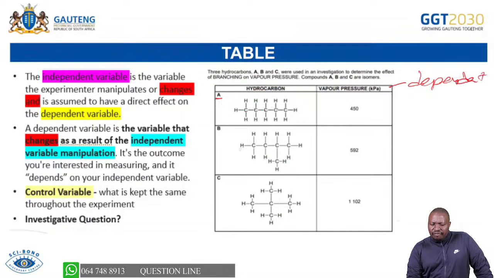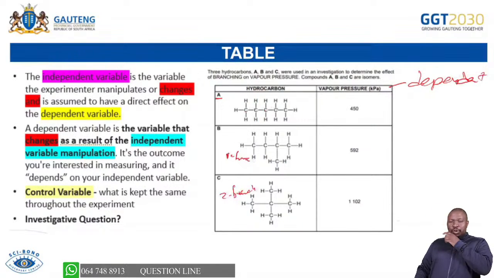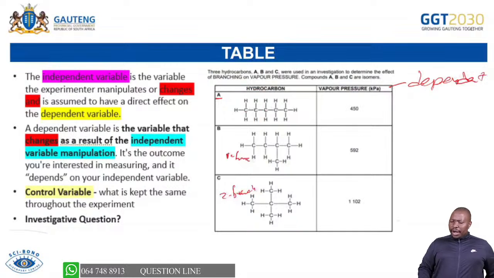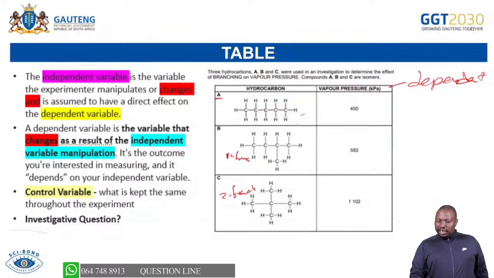But now you can see we have one branch here. We have 2 branches here. Okay, so you are able to see, because they'll ask you what is the independent variable. What are we changing? Oh, we're increasing the number of branches. 0 branch, 1 branch, 2 branches.